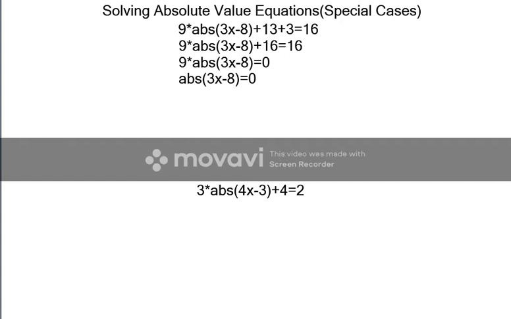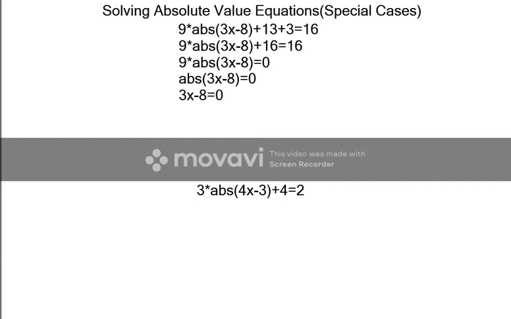Think about it this way. When you have two different equations, one side is going to be negative and the constant side is going to be positive. But how will you do this with 0? There is no such thing as negative 0, because that's just 0. So you can't have two different equations when they're both basically going to be the same. In reality, we only have 3x minus 8 equals 0.